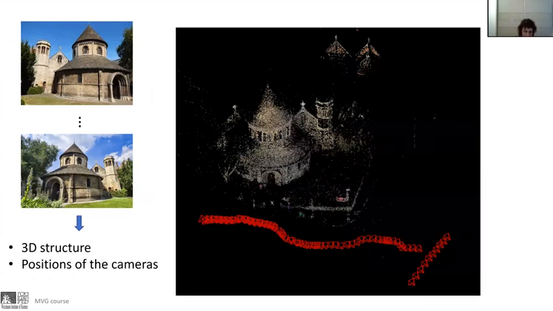As a teaser, what you see here is a result obtained by research done very recently in our group using a deep approach. On the left, you see examples of the images that we input to the algorithm. On the right, you see the 3D sparse reconstruction of the church, and the red pyramids stand for the location and orientation of the cameras.